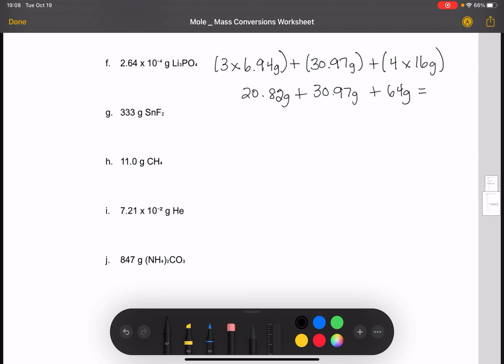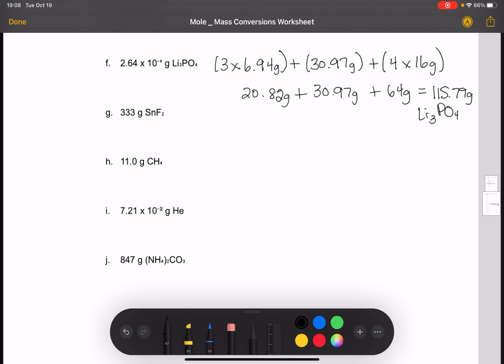All right, so then let's add these together. 64 plus 30.97 plus 20.82 equals 115.79 grams. And that is grams of lithium phosphate, Li3PO4.